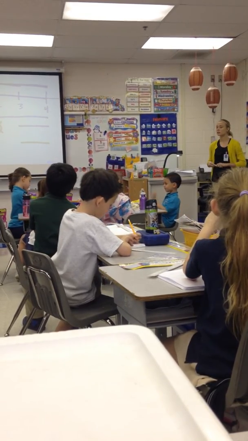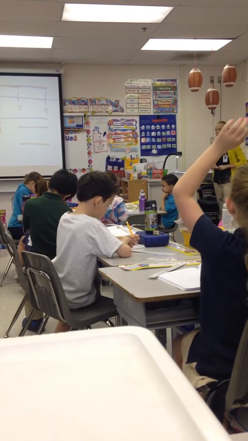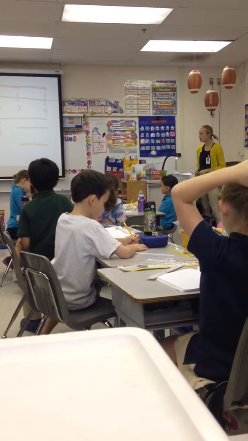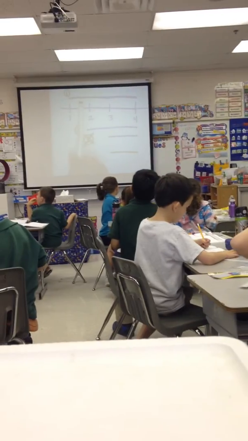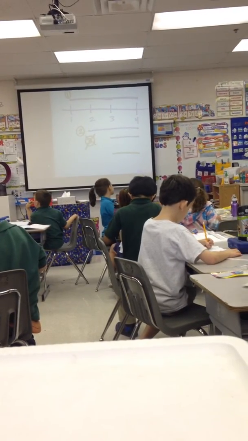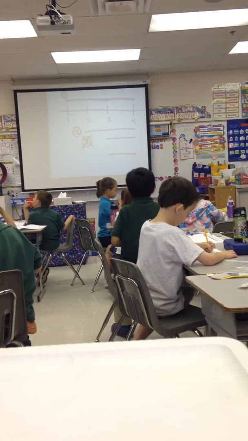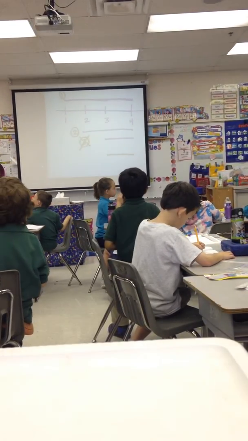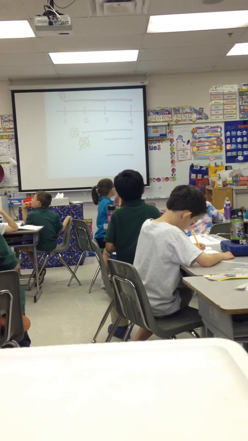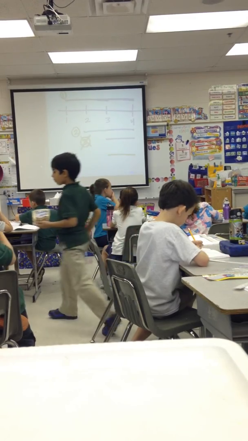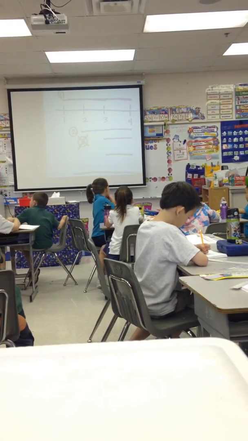Let's look at the line. Let's look at line number 2 and number 1. Is number 1 longer than number 2? A little bit. So would you say number 1 is the longest line? Do we agree with that? Yeah. So let's draw the 1 line down here.